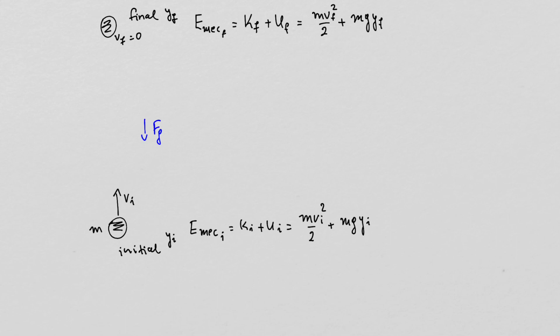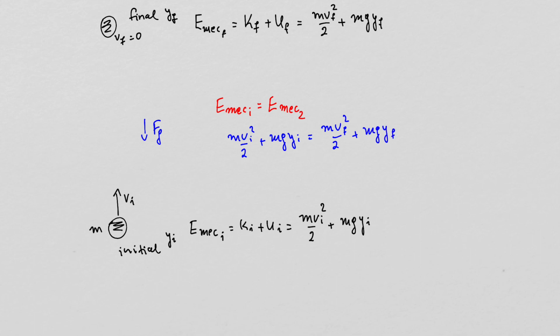That means that the mechanical energy initial and final must be equal. Or in other words, we can write that m v initial squared over 2 plus m g y initial is equal to m v final squared over 2 plus m g y final.